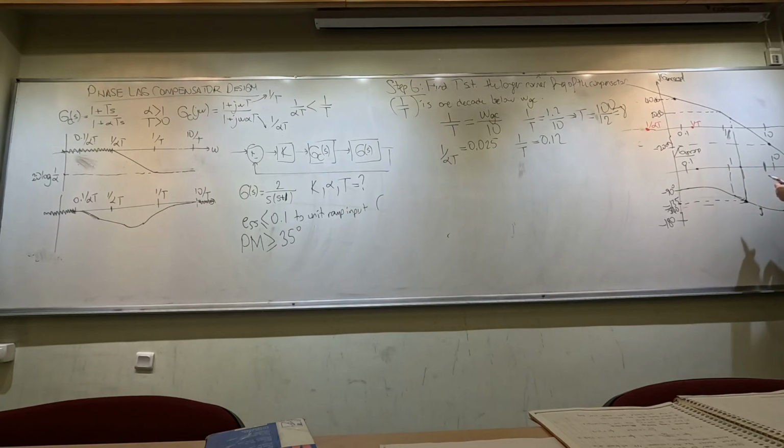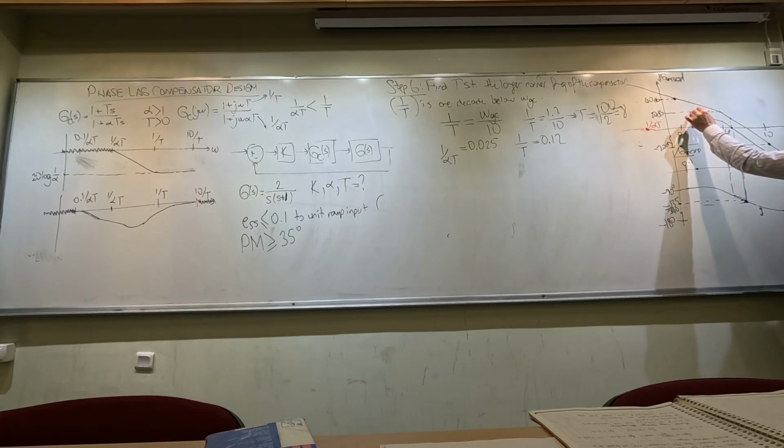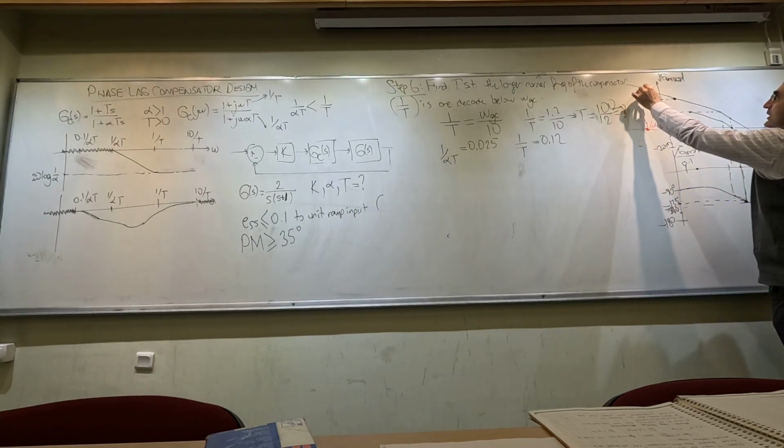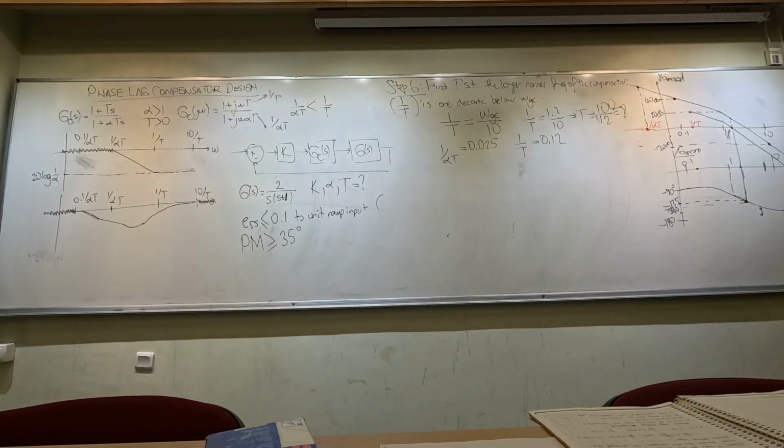So what did we do here? We actually reduced the gain of the system so that the new gain crossover frequency is somewhere here. So somewhere on this plot, I have something parallel to this around this place. The magnitude change is going to start at 1 over T, so it is going to go parallel until 1 over T. Then at 1 over alpha T, the magnitude of the compensated system should actually match.